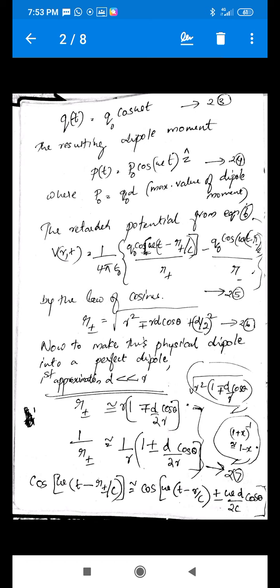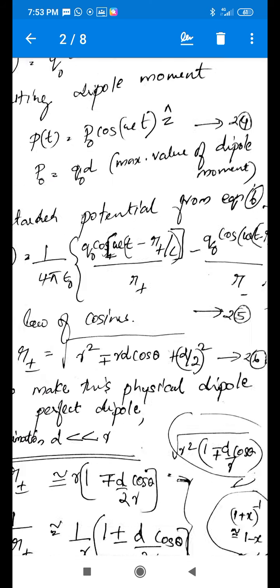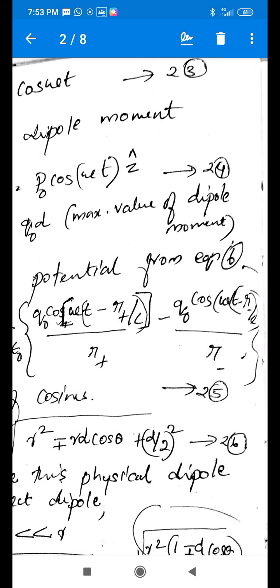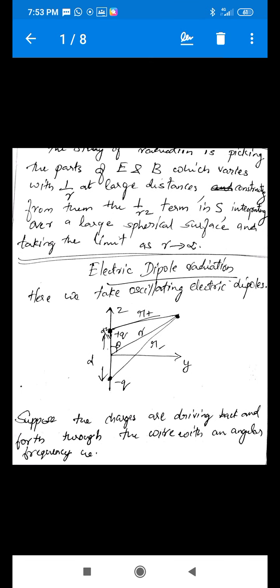So the first term, I hope you understood, is for the plus q charge, and now the second term is for minus q, isn't it? So minus q is minus q0 cos omega (t minus r minus by c). See here, instead of r plus we have t_r, which is t minus r minus by c, where r minus is the distance from the minus q charge to the field point.